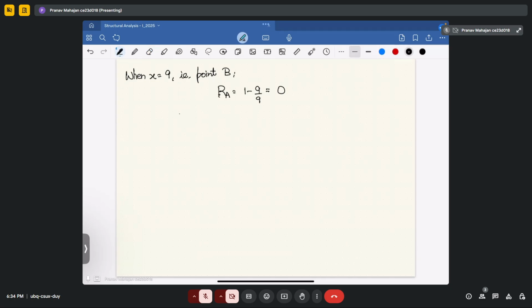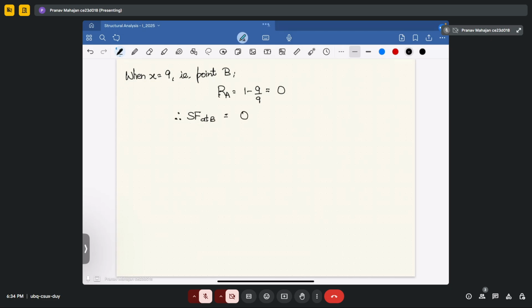Therefore, your shear force at B will become equal to 0.